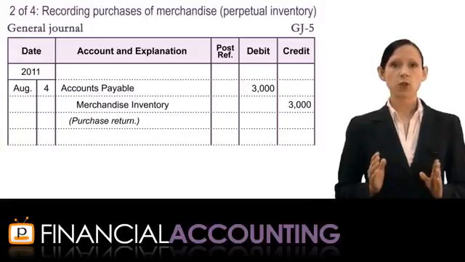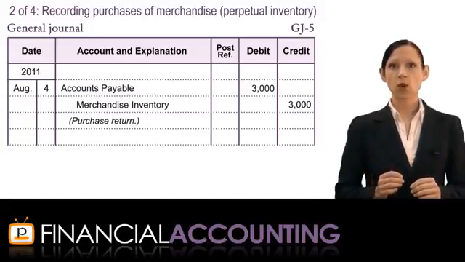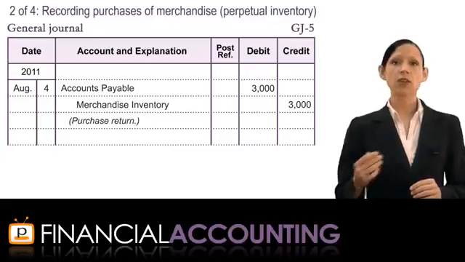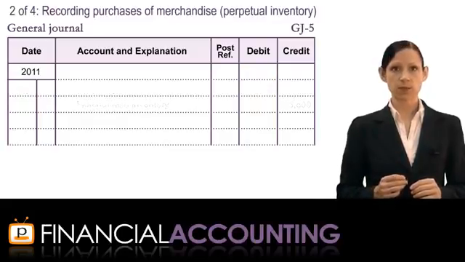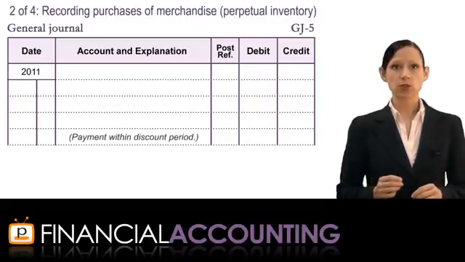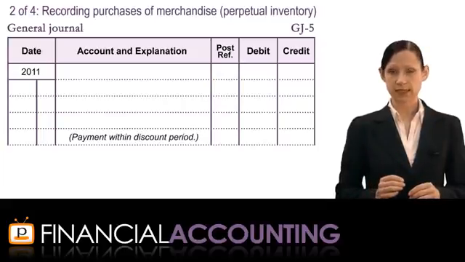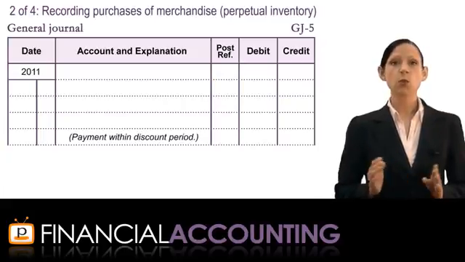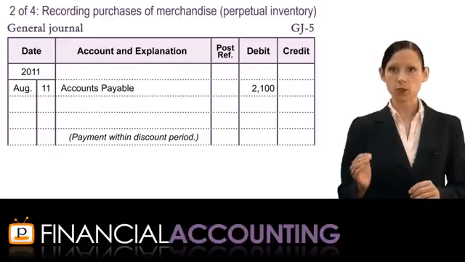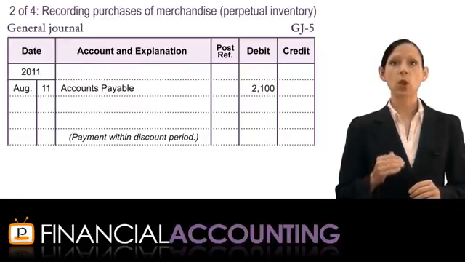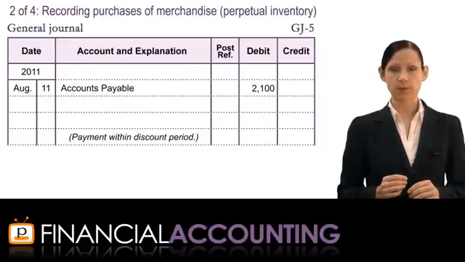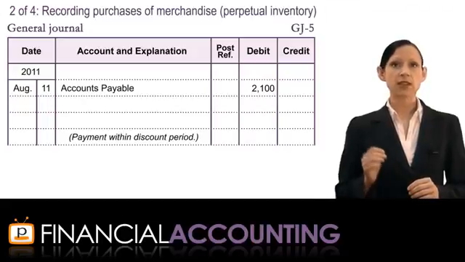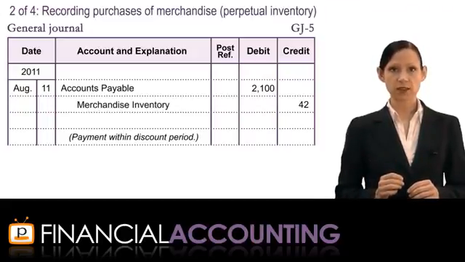For credit purchases of merchandise, sometimes suppliers offer purchase discounts to encourage early payment of the invoice. So how do we record the journal entry if we are eligible to receive the discount? First, we debit accounts payable for the full value of the invoice to recognise that we no longer owe this amount to the supplier. The value of the discount is credited to the merchandise inventory account.